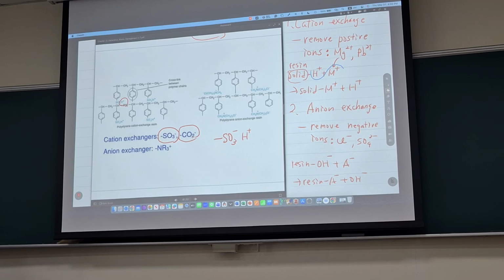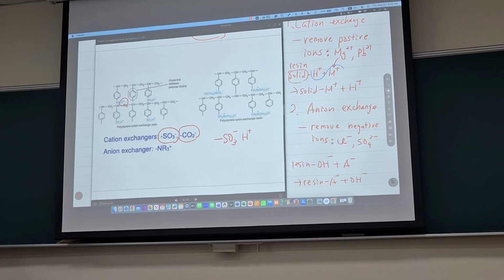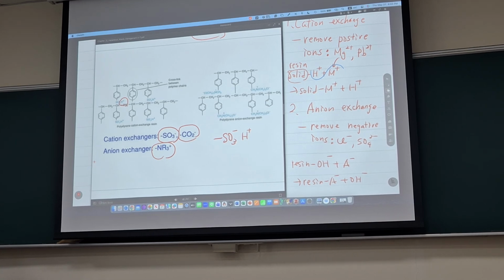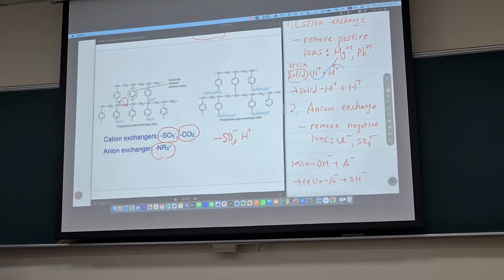And we use NR3 plus. We use this for anion exchangers. So these two are good for cation exchangers, and this one is good for anion exchangers.